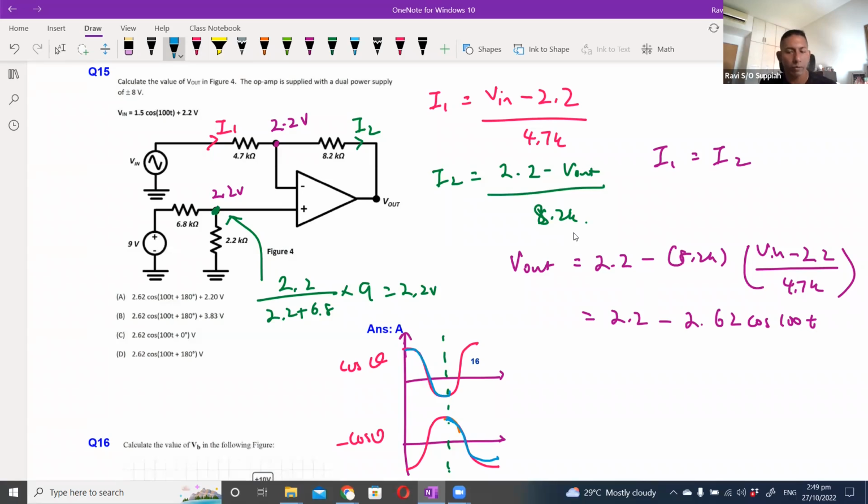That means a negative cosine plus 180 is equivalent to cosine. So that is how we can change this: from negative, change it to a positive, and then you add 180. That will give you the answer of A.